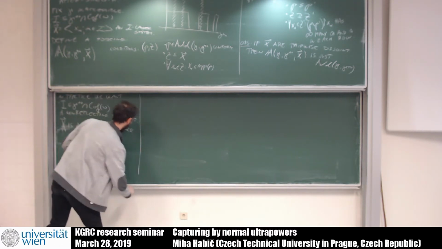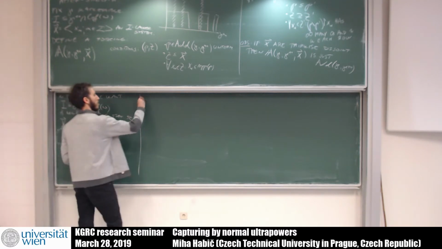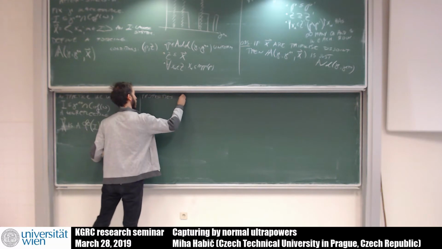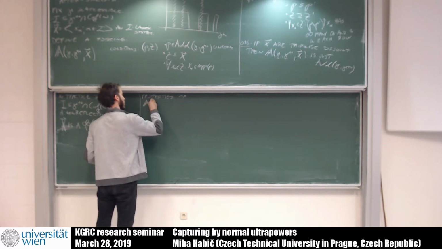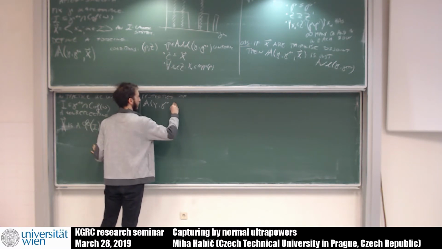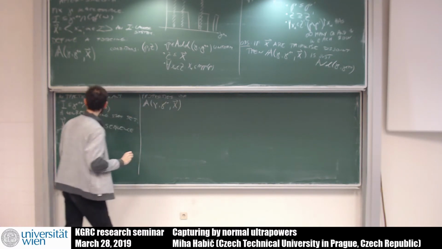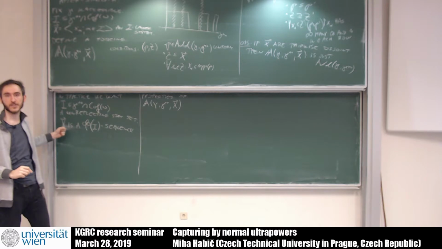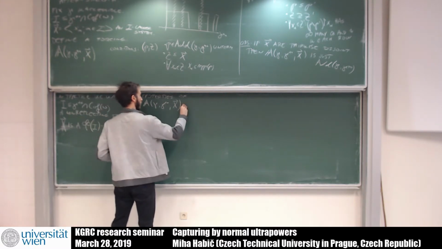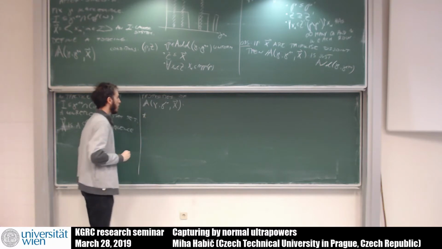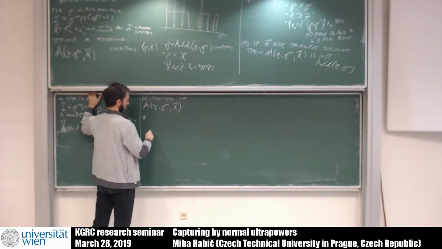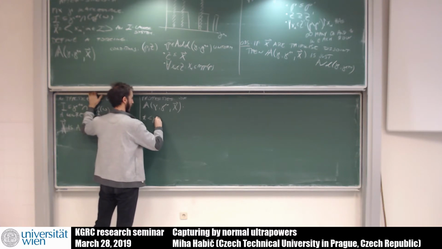So let's see some properties of this forcing, assuming now that X was chosen to be this club sequence. You can check that it's less than gamma closed.